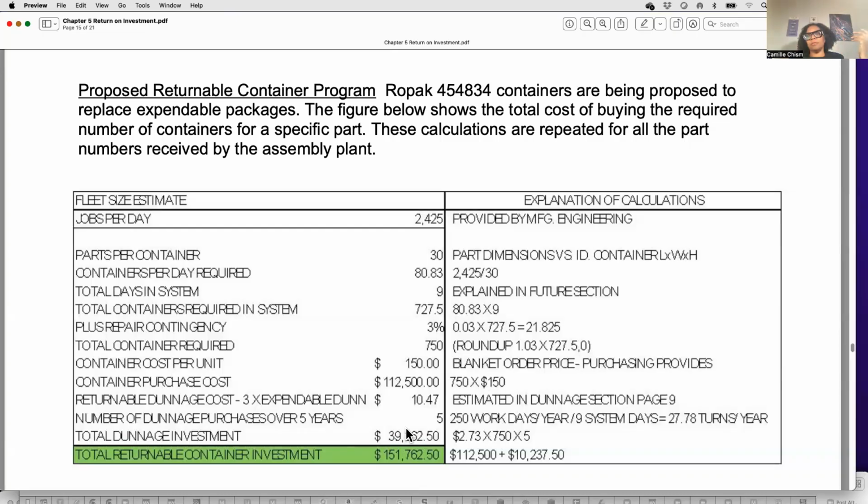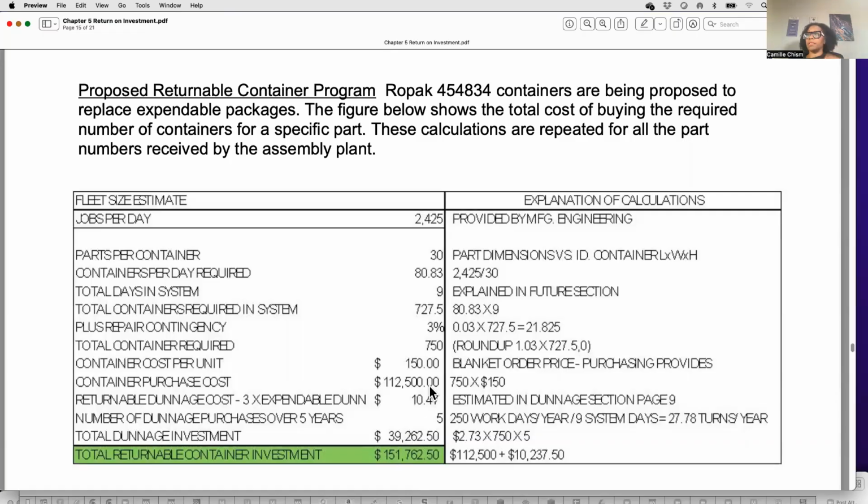So those are things you have to keep in mind. Some of the dunnage stays with the returnable packaging. Some of the dunnage is thrown out every time, but that's something you need to know and put into your calculation. So based on this, they know that the investment for the dunnage is going to be just under $40,000.